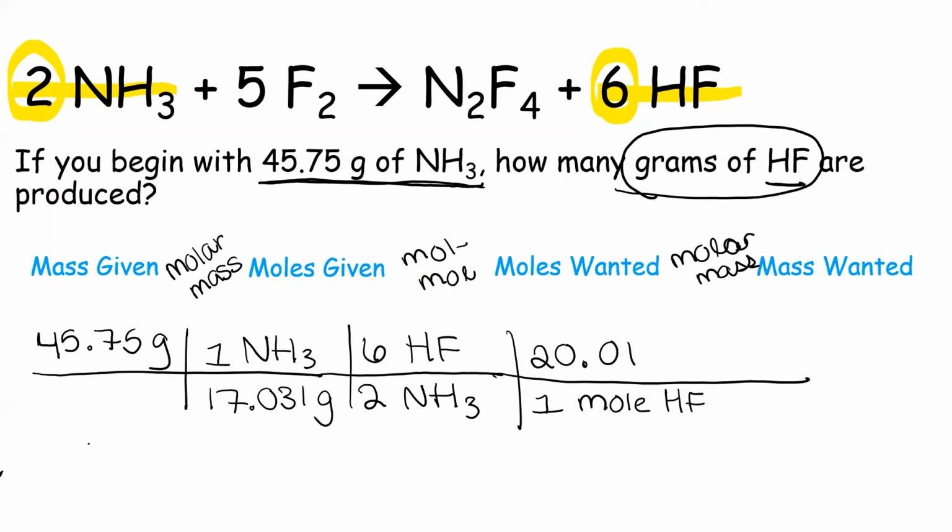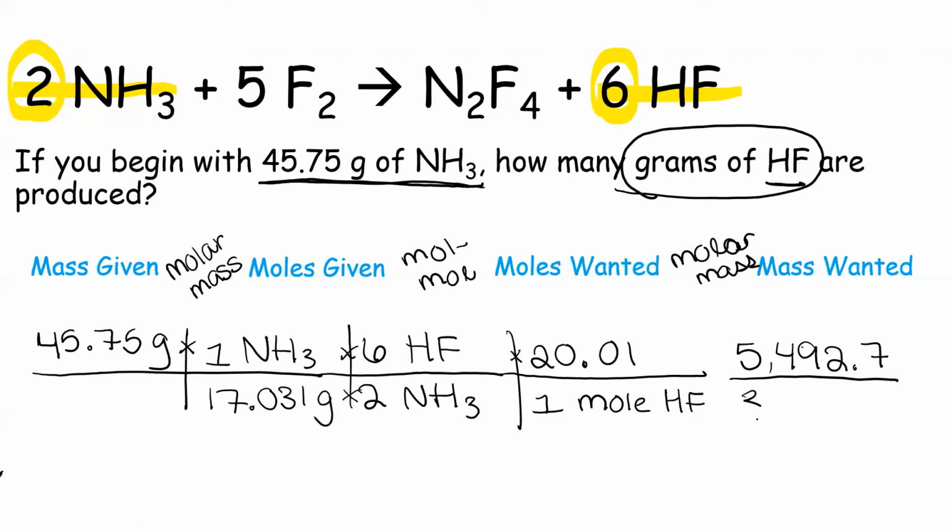So I'm going to do 45.75 times 1 times 6 times 20.01, and I'll write that down. When I do that, I end up with 5,492.7. And that's all over 17.031 times 2, 34.06.